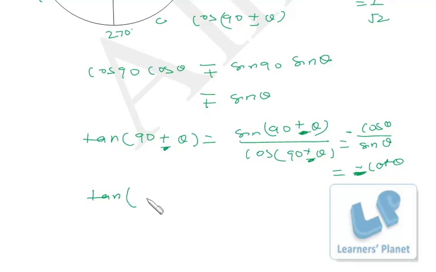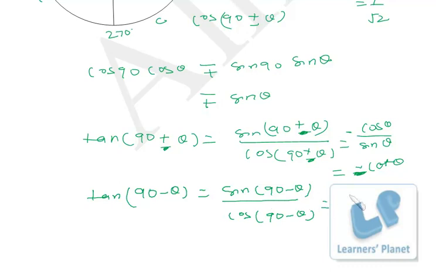Similarly, if we calculate tan 90 minus theta, then it will be sine 90 minus theta upon cos 90 minus theta. Sine 90 minus theta is cos theta, and cos 90 minus theta is sine theta, so it is positive cot theta. Again, tan 90 minus theta is in the first quadrant and we are getting the positive value.